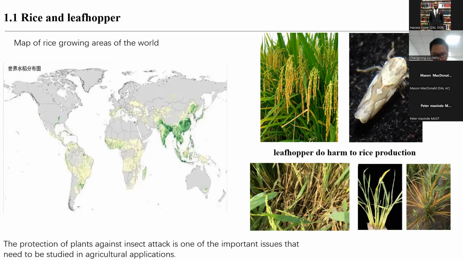So the protection of plants against insect attack is one of the important issues that need to be studied in agricultural application. Consequently, the scientific goal of this study is how to reduce the damage of insects to rice.